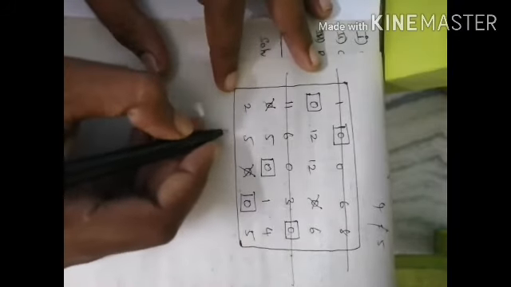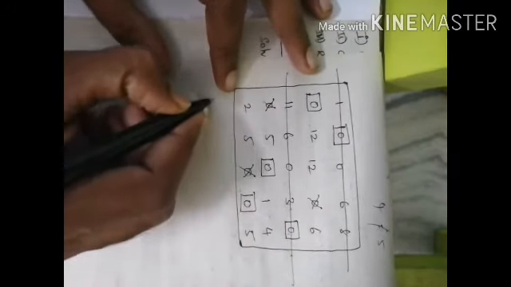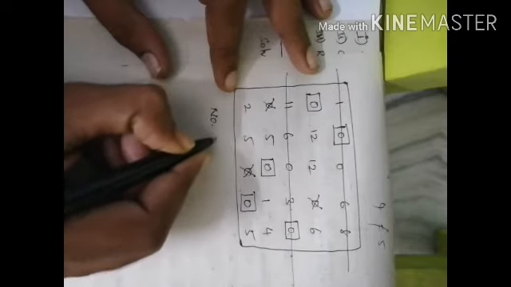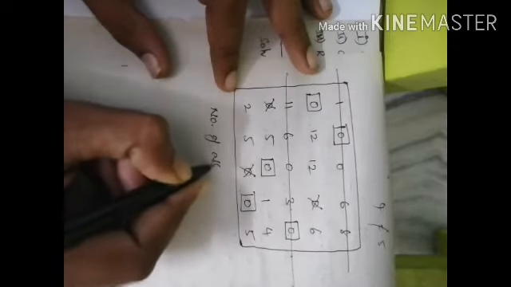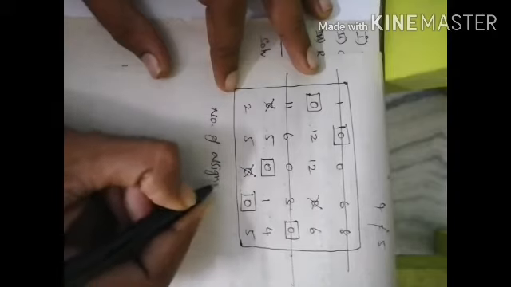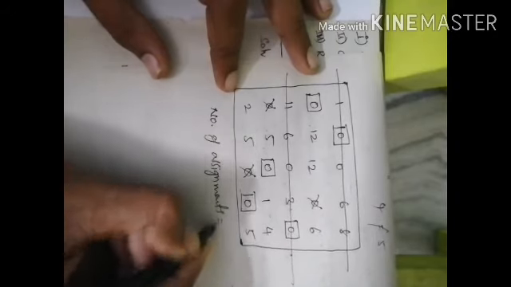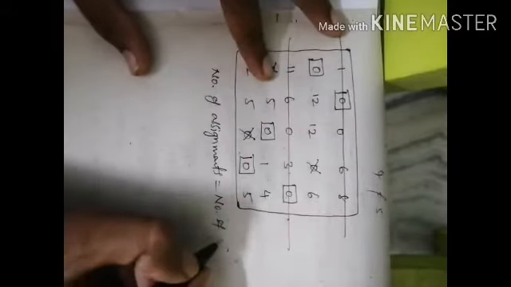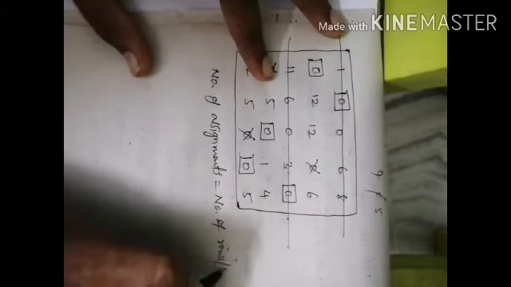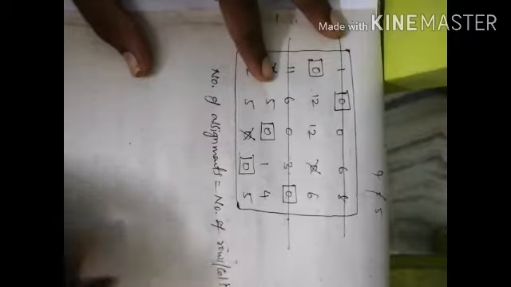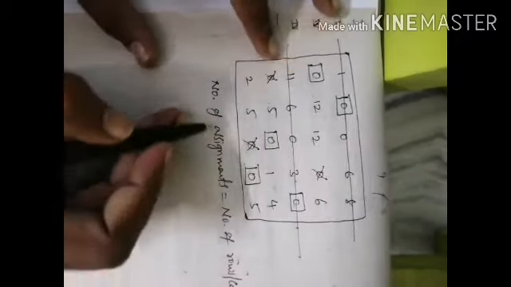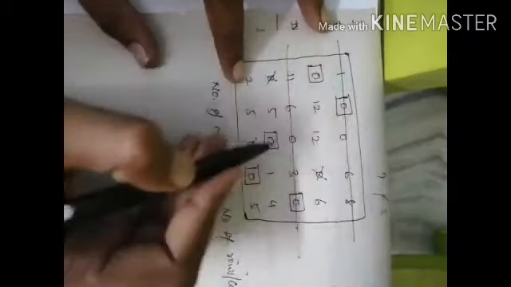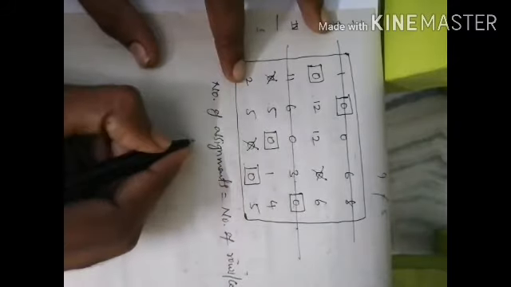So now the number of assignments equals the number of rows or columns. The number of assignments is 1, 2, 3, 4, 5, so 5.